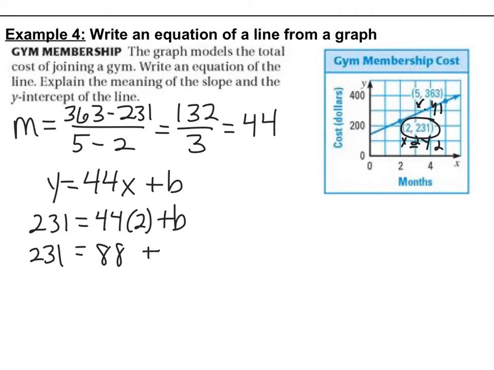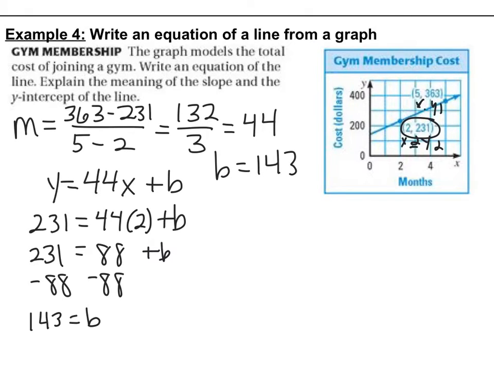We're going to subtract 88 from both sides. And we're going to get 143 is going to be our b. So m is 44, b is 143. So our final equation here would be y equals 44x plus 143.